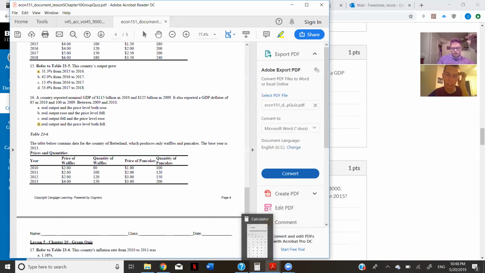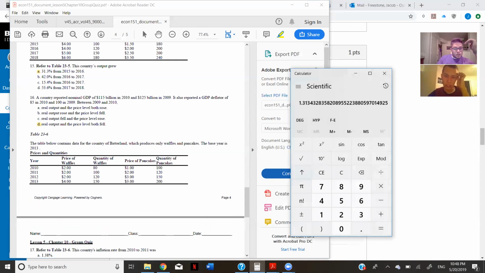So nominal, so it'd be 85 divided by 100 times, wait, for x times 100, so divided by 100. Is that how you do it?